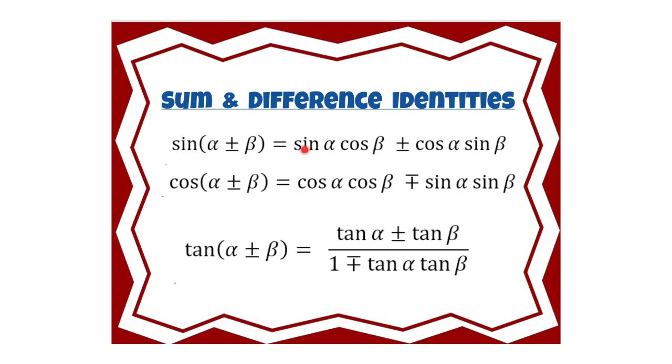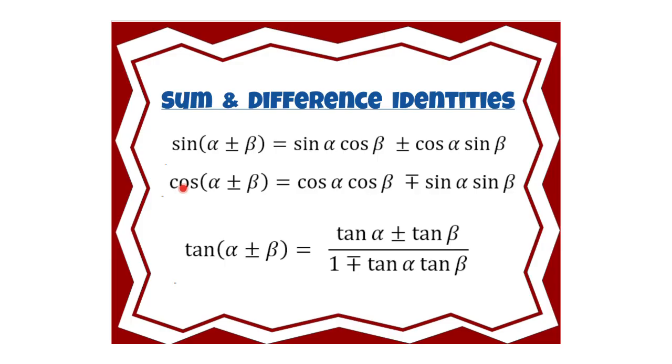You take the sine of the first angle and multiply it by the cosine of the second angle. And then this plus or minus just means do exactly the same thing you were doing over here. So if this was a plus, this is a plus. Then you switch it around and you do cosine of the first angle and sine of the second angle. If you do that computation, that will be a legitimate answer.